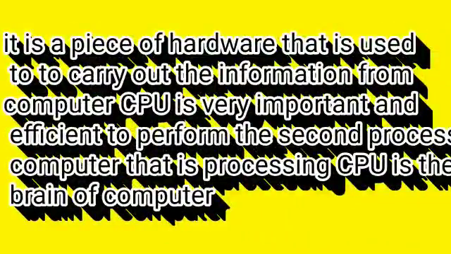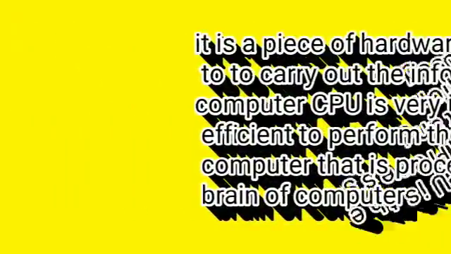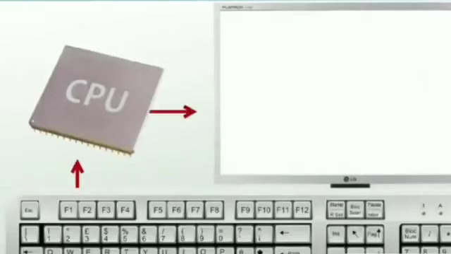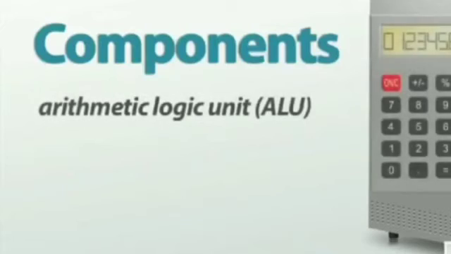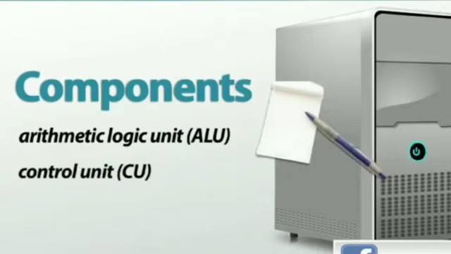CPU. CPU is a piece of hardware that is used to carry out instructions in the computer. For example, if you type the letter K on the keyboard, the CPU processes it and tells the computer to write and give the output as K. And there are three components of the CPU: the arithmetic logic unit, ALU, and the control unit, known as CU.